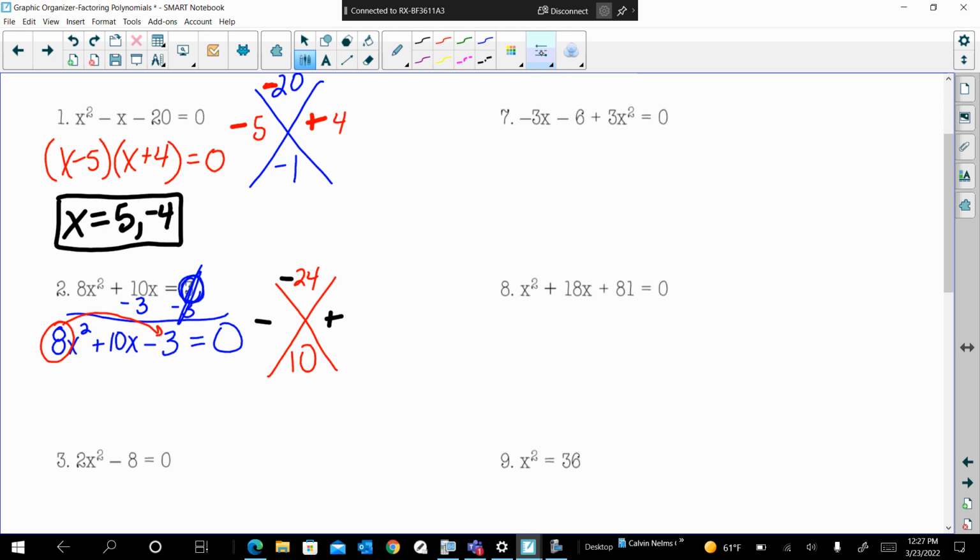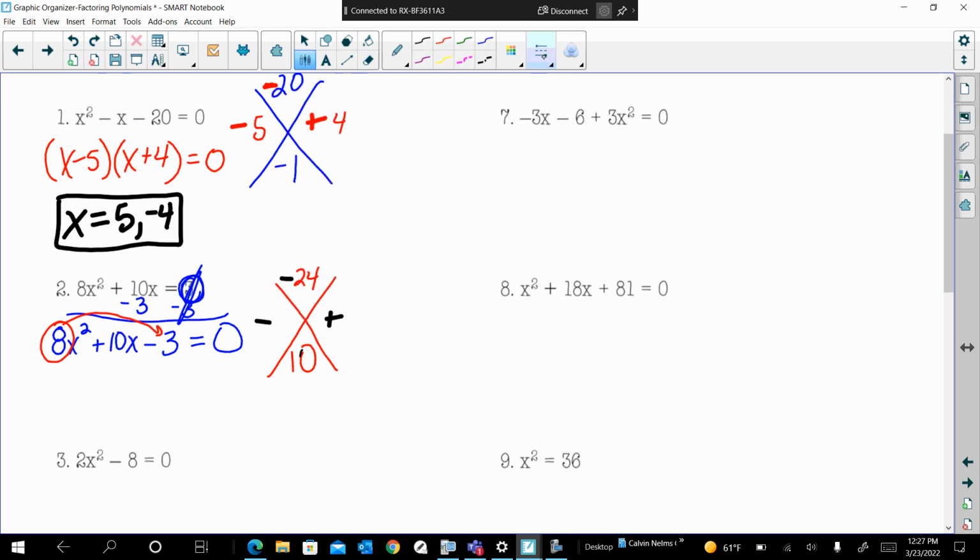No, that didn't give me a sum of 10. 6 and 6 is 12. 6 and negative 4 give me a positive 2 if I add them together. I need it to be 10. Oh, wait, 10. 12 and 2.